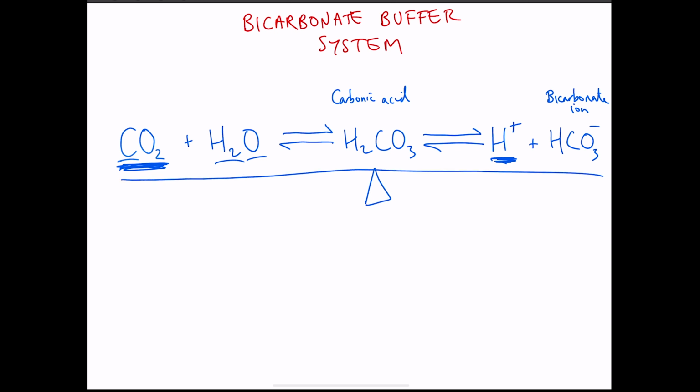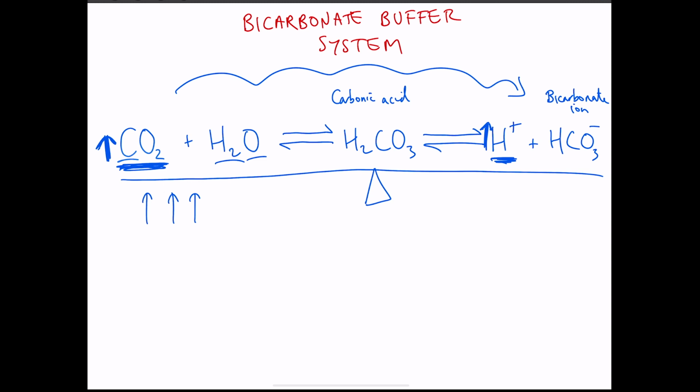right? So, if the carbon dioxide levels in your body go up, this part of the seesaw raises and everything rolls down in this direction and you produce more hydrogen ions. So if you've got too much carbon dioxide, your blood becomes too acidic.